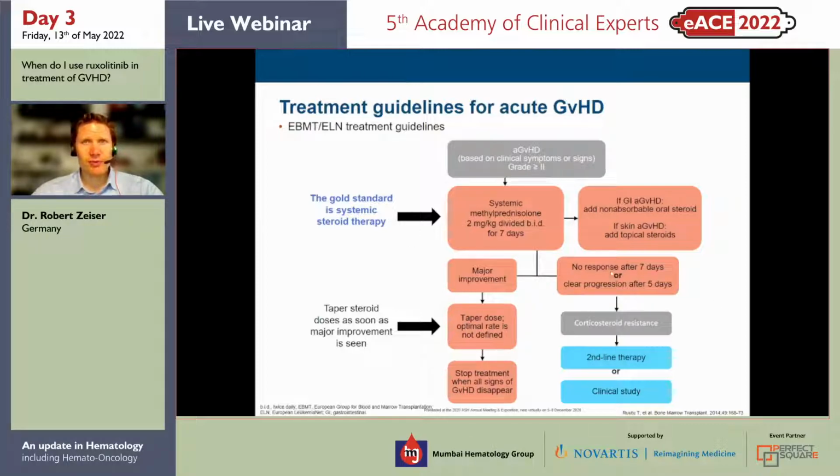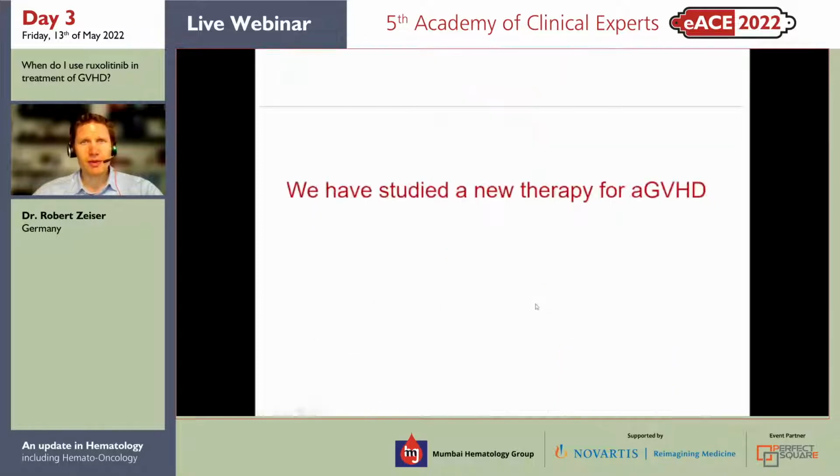If there's no response after 7 days or clear progression after 5 days, these patients need to receive second-line therapy or be included in a clinical study because they count as corticosteroid-resistant patients. Patients that respond, of course, you can taper the corticosteroids. It is currently not clear how fast that should be done.